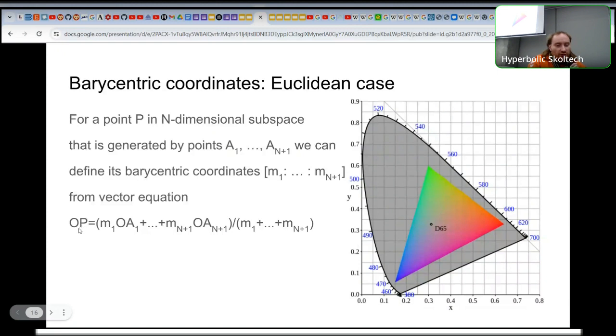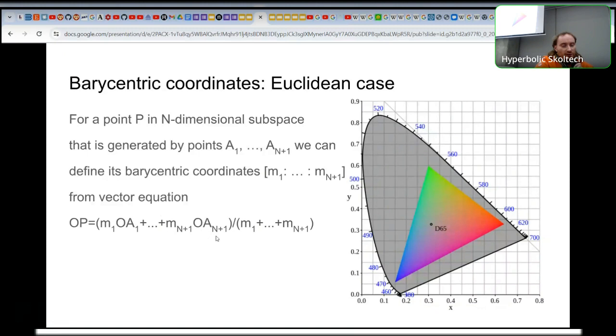You can think of it as the origin of coordinates, but it will be just the same, since you can add any vector QO everywhere, and the equation will be just QP equals the same thing with Q instead of O. This is an equation with m's, and there is a unique solution for this equation.